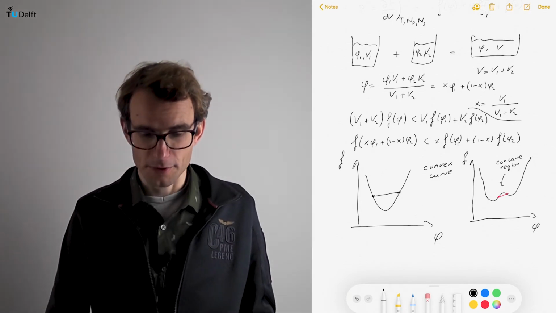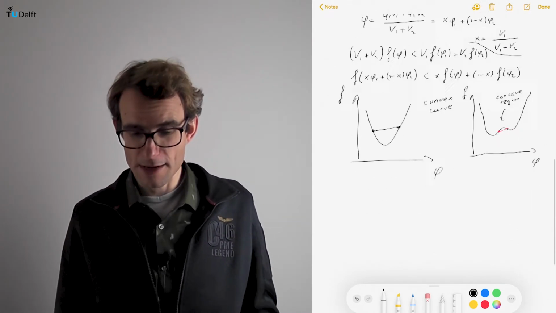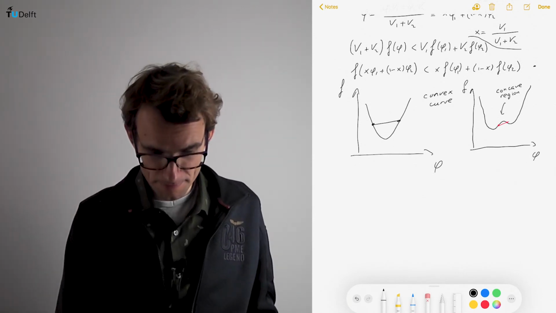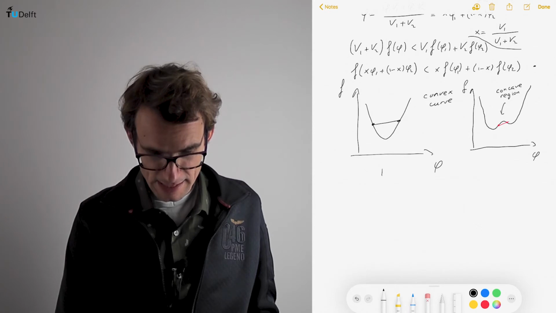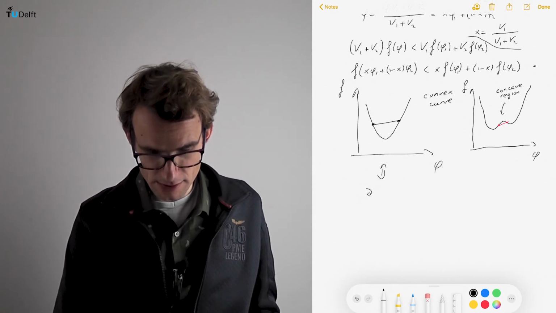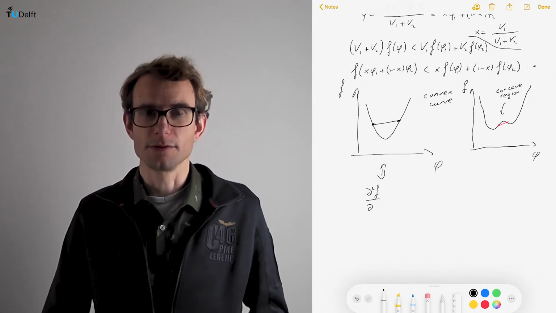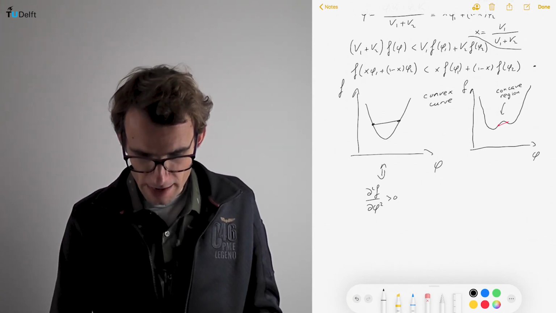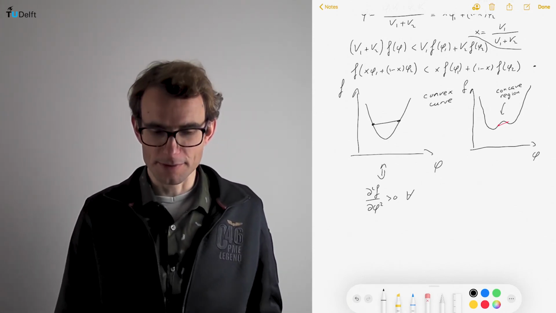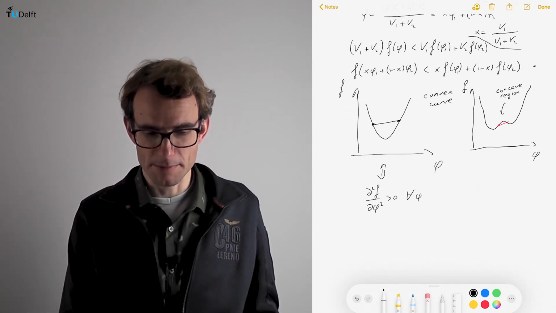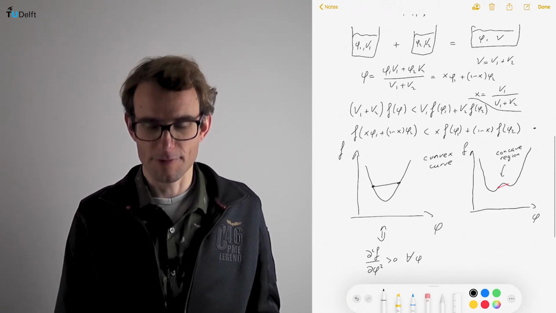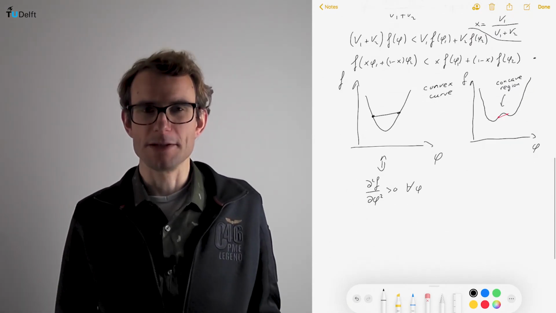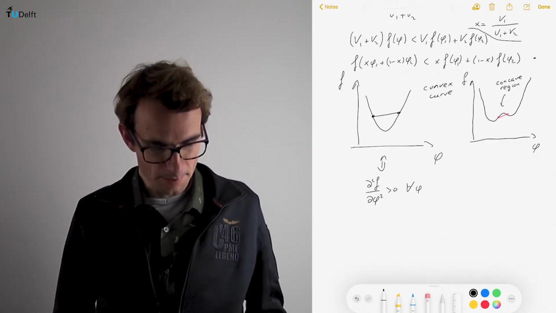So a curve is convex if and only if the second derivative of the free energy with respect to the concentration is positive for all phi. Well, here the relevant numbers are phi in between phi 1 and phi 2. But essentially, we want this to be true for all phi between 0 and 1.